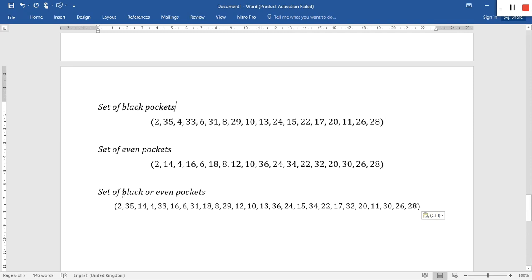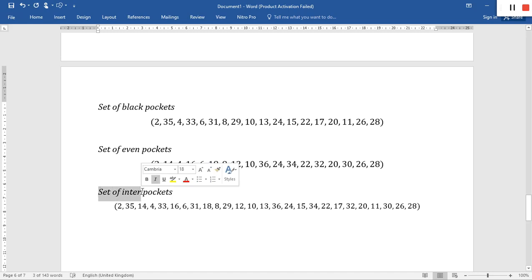But the goal here is, instead of set of black or even pockets, the set of intersection. That is where the values co-occurred. So the set of intersection, or let me just say the intersection, because the intersection itself is a set.